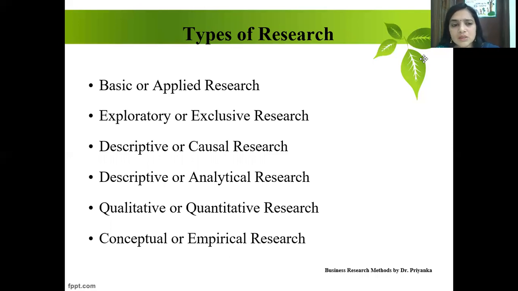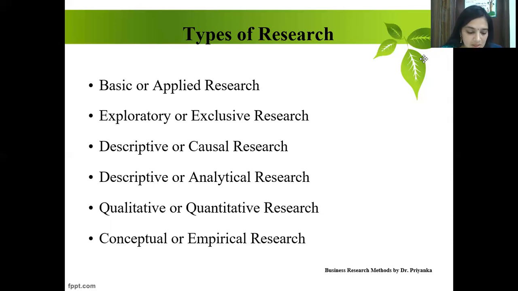For example, you want to check how many students in a class have passed. Suppose 50 students are there and 46 have passed, 4 have failed. So you will be describing this particular data in a manner that, like, 92% students passed and 8% students failed. You will not be giving any reason at all in descriptive research.